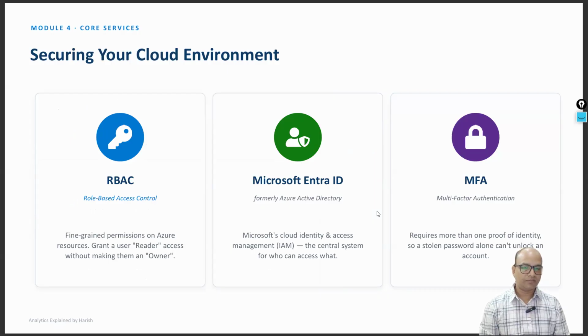So now securing the environment is important, right? So we have the role-based access control. I will also show you how you can create the users. We have Microsoft Entra ID. Formerly it was Azure AD, Active Directory. Now it is called Microsoft Entra ID.